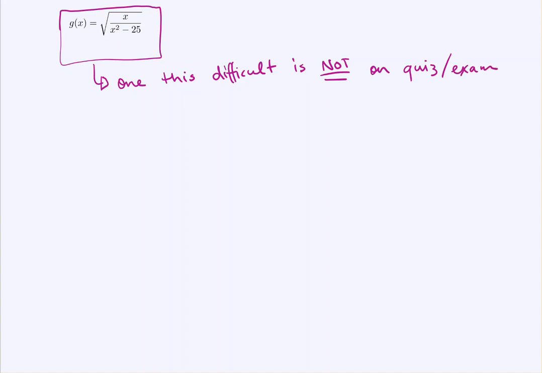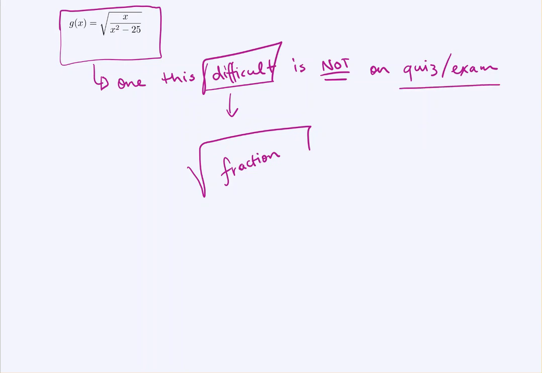Now, any of the other ones are definitely fine, but one where you've got a square root, specifically, what do I mean by this difficult? You've got a square root where the inside of the square root is a fraction. That adds another layer of complication in determining the domain. So specifically, one that is a fraction inside a square root is not going to be on a quiz or exam.